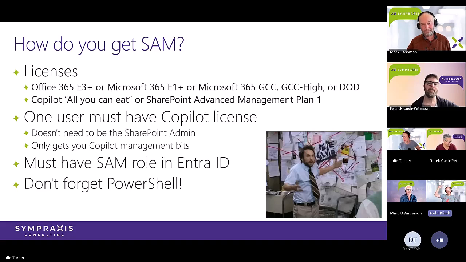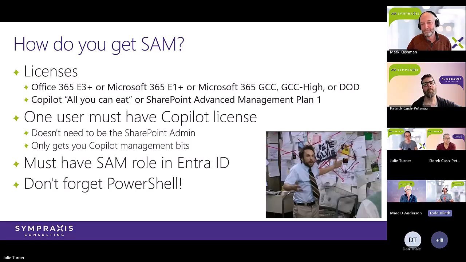For one thing, you have to have a user that has a base license. So like an Office 365 E3 or an M365 E1, you probably have that. Then you need either somebody who's licensed for SAM or any other user that's licensed for Copilot.